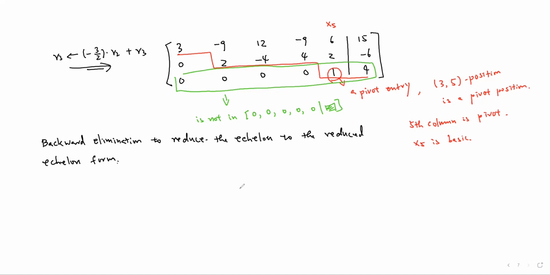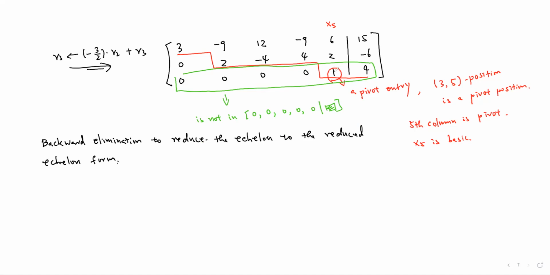I continue to introduce zeros to the matrix. Backward elimination starts with the rightmost pivot entry.